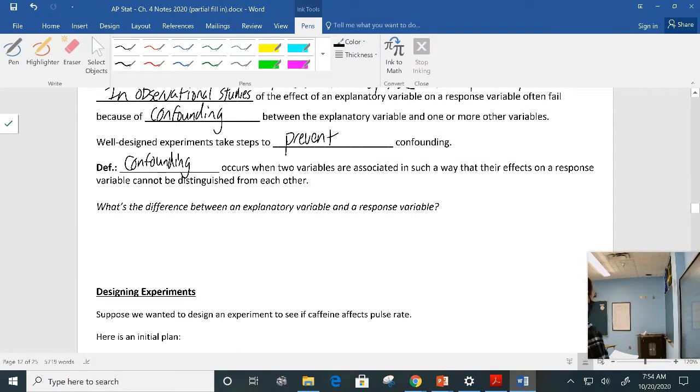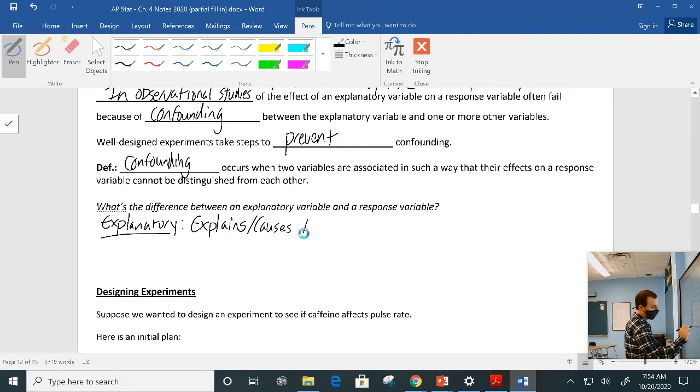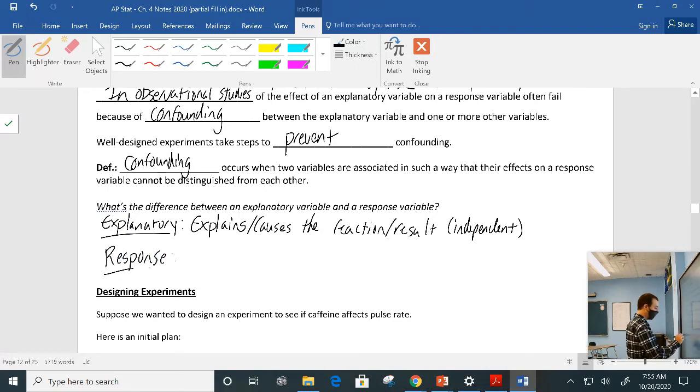So to formally define your explanatory and your response variables, your explanatory variable is what explains and causes the reaction or the result. This is what you had previously heard as your independent variable. Your response variable is the thing that you're measuring at the end, okay?